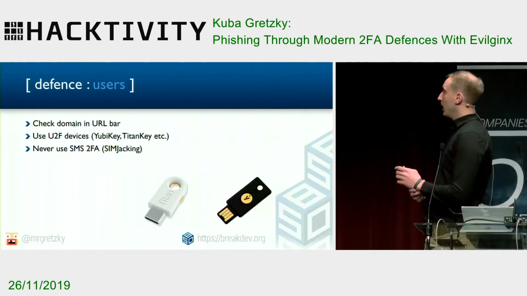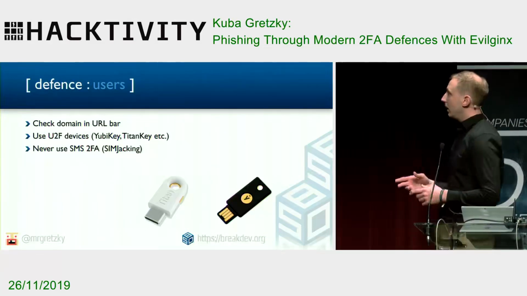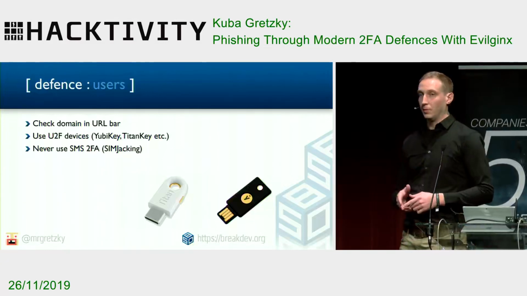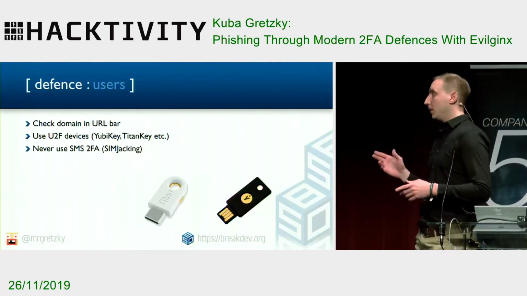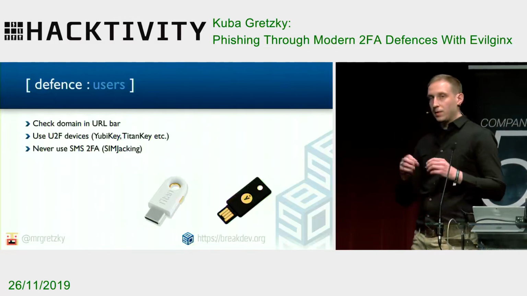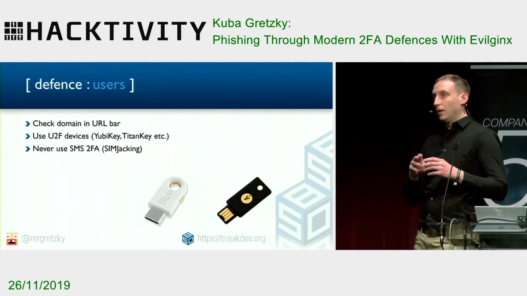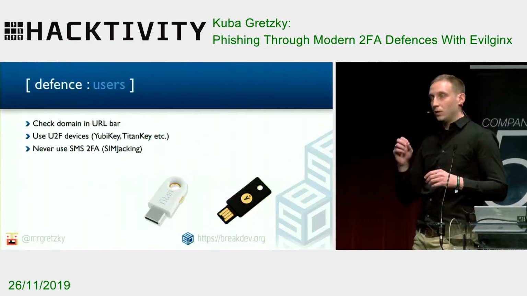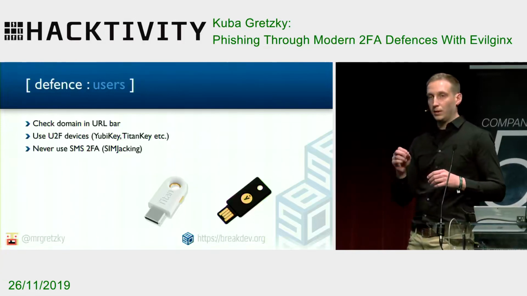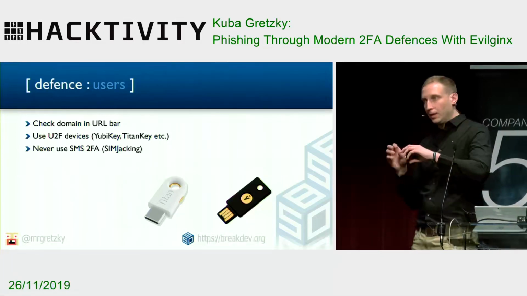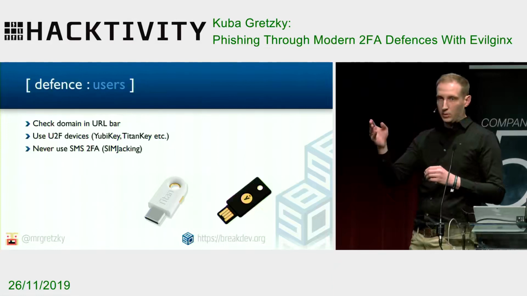The idea behind these devices is that you cannot get phished while using them. Why? Because the web browser sends, via a secure channel, to the external device also the URL of the page that you are currently on, which is used as a factor to generate the response token that's later sent to the website.